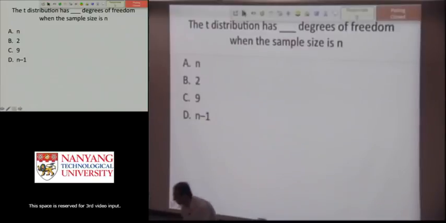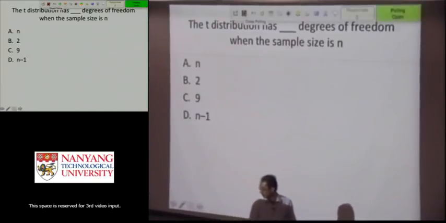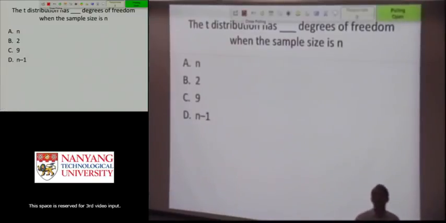The t-distribution has what degree of freedom when the sample size is n?